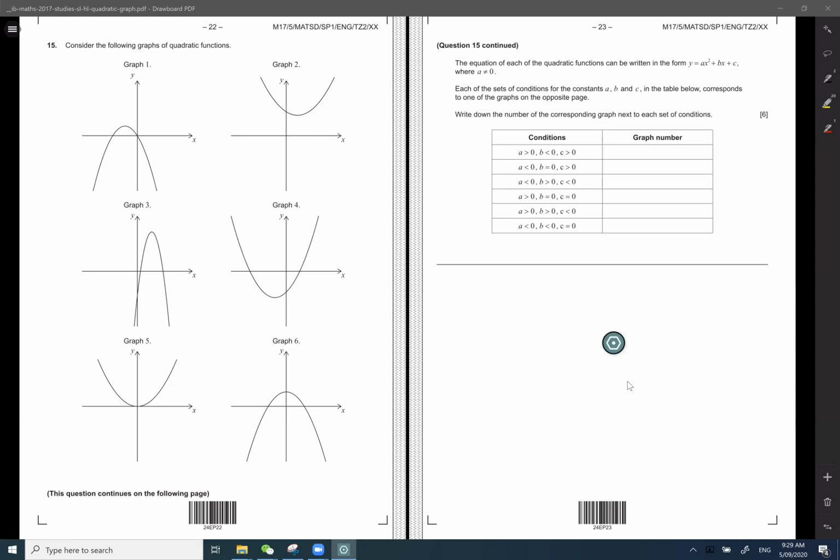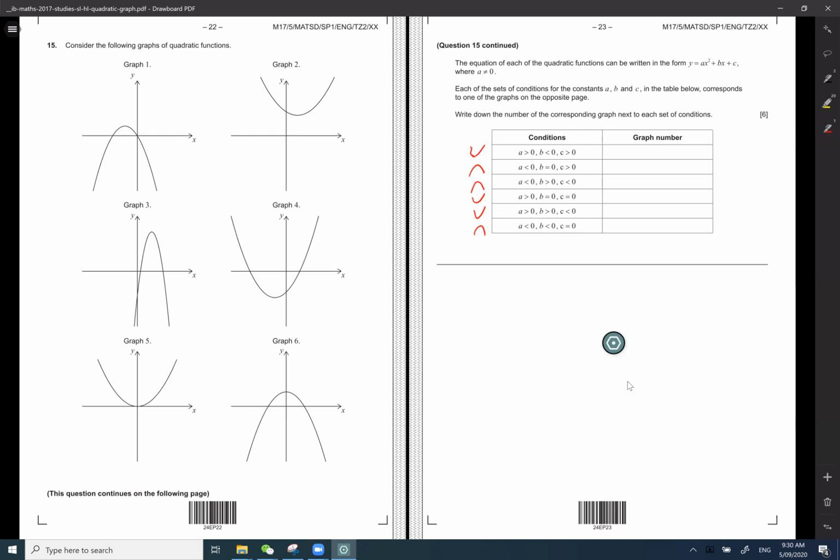A tells you up or down. A bigger than 0 means the parabola opens up, less than 0 means down. That's for A. For C, it's where the curve cuts the y-axis.